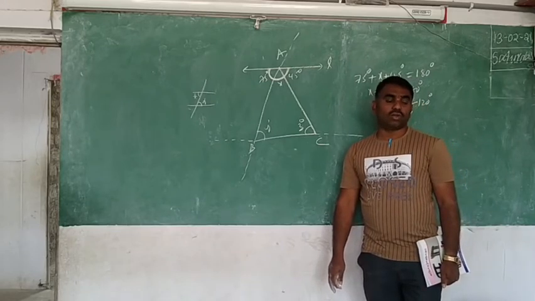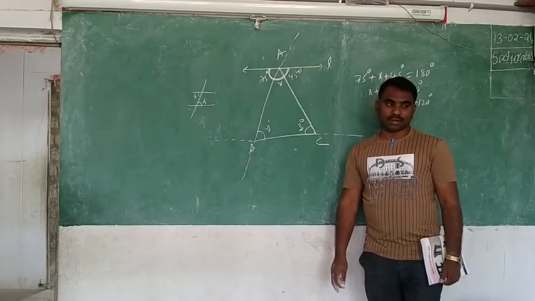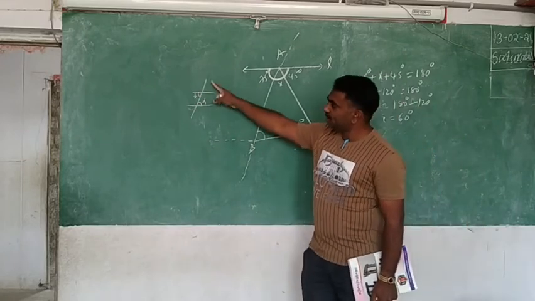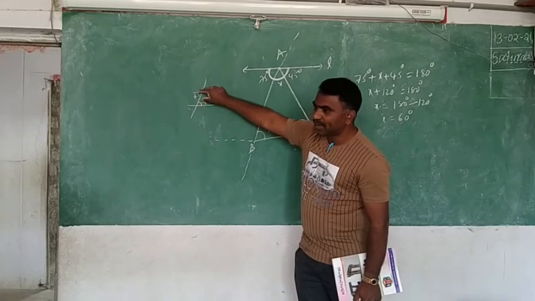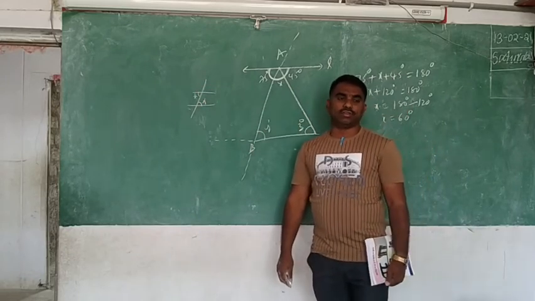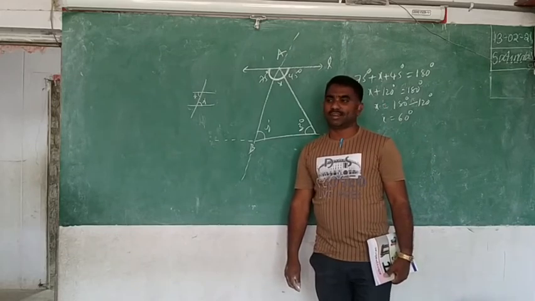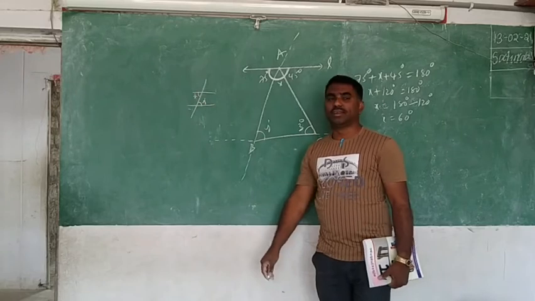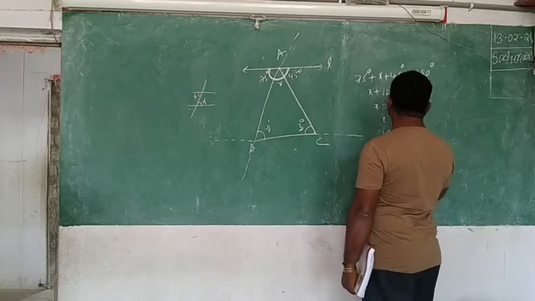Alternate angles. Do you accept or not? Yes, because these are parallel and this is a transversal. Interior angles in opposite directions are called alternate. So you know that alternate angles are the same. This is 75, so this is also 75. So y is equal to 75.